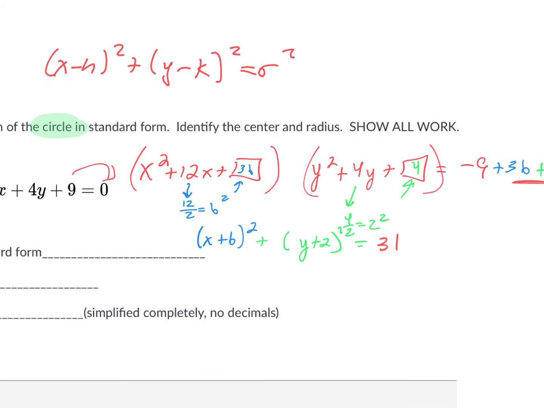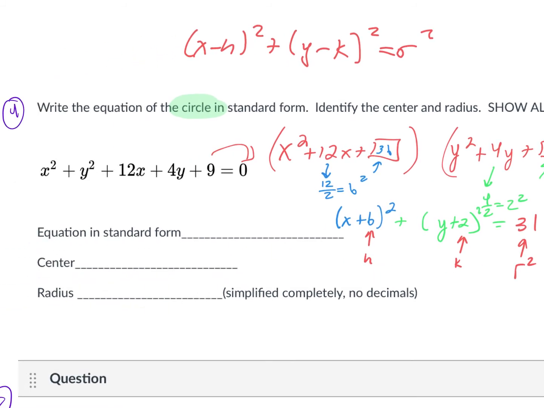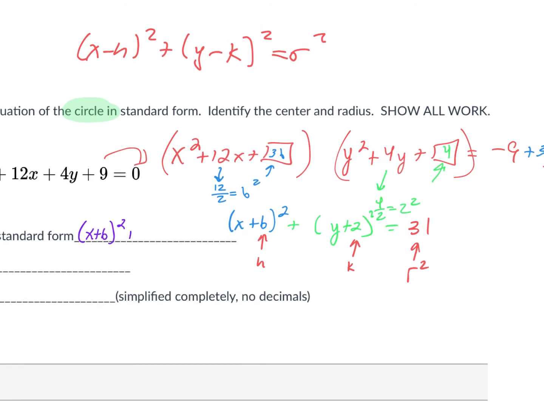So what you have just done right here is you found the center. Here's your h, here's your k, and this is your radius squared, right? So in standard form, my equation looks just like this, as you guys just found it. X plus 6 quantity squared plus y plus 2 quantity squared equals 31.